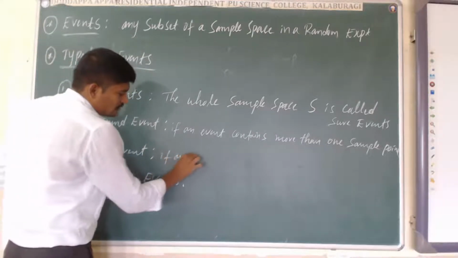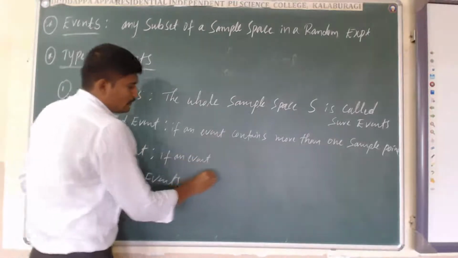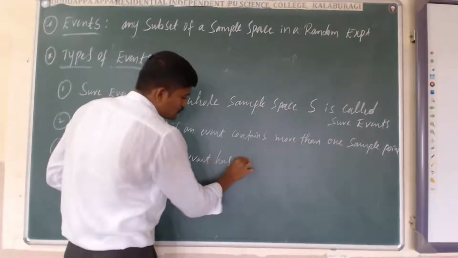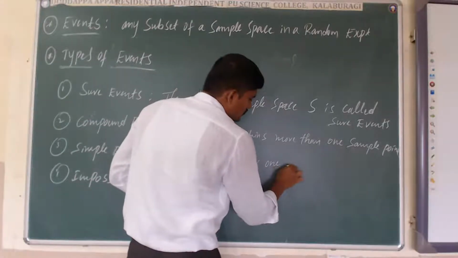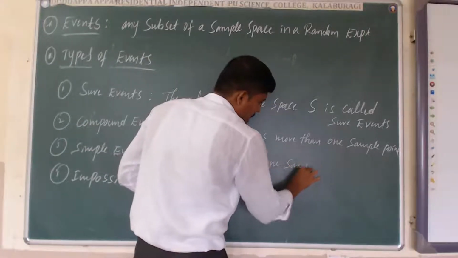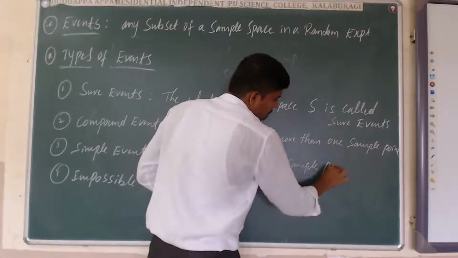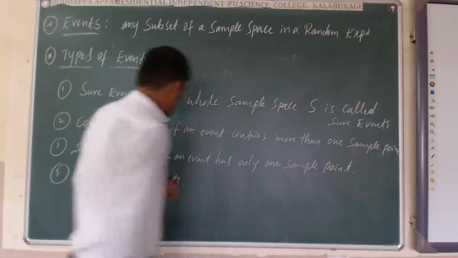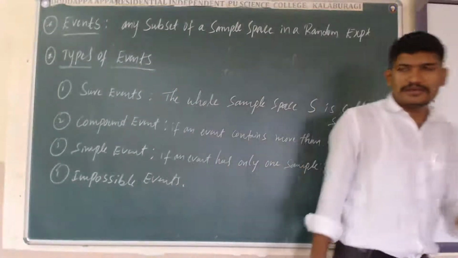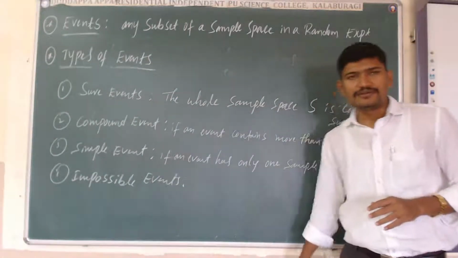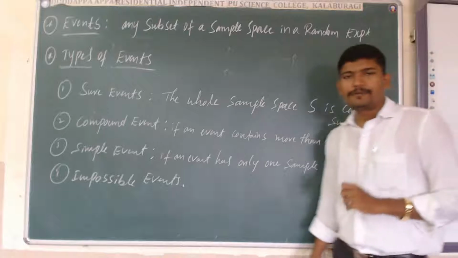Next, the simple event. If an event has only one sample point, it is called a simple event.